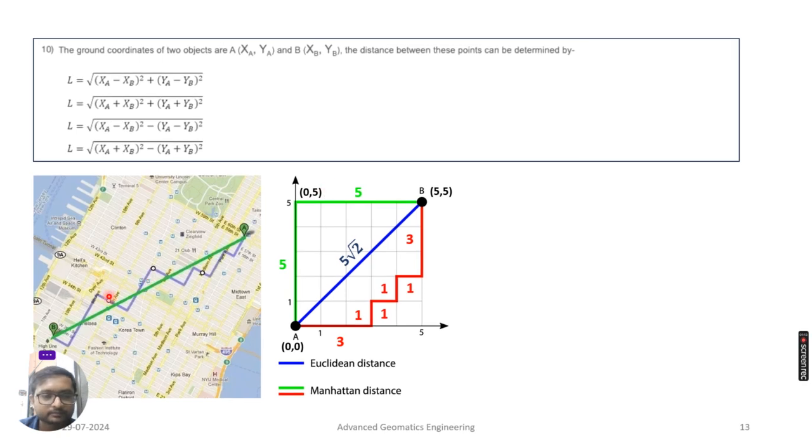The Euclidean distance is defined as the minimum distance between 2 points, as you can see in this figure. If I want to go from point A to point B, what is the minimum distance between these 2 points? That you will get using this formula, which is known as the Euclidean distance. But in real life, you will not end up doing this.